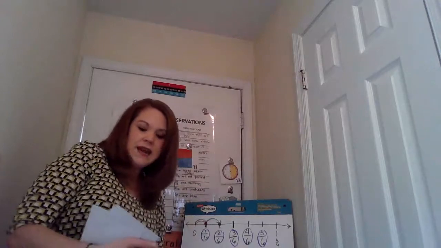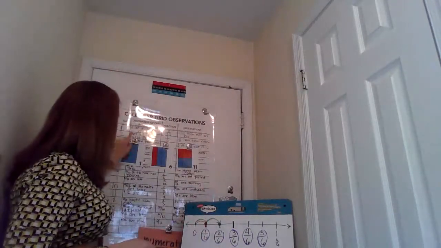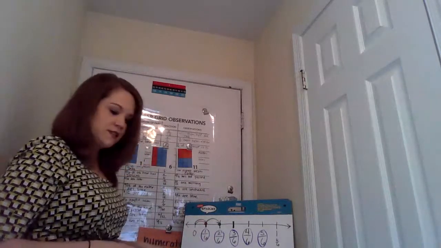So what would be next? 2/12 or 4/12? Obviously, the 4/12 are bigger. So that would be the next one. And then the smallest would be 2/12. So if I had to order these fractions, it would go 2/12, 4/12, and then 6/12.